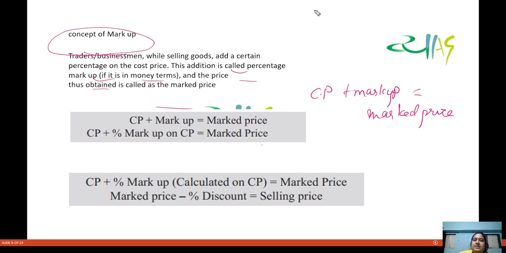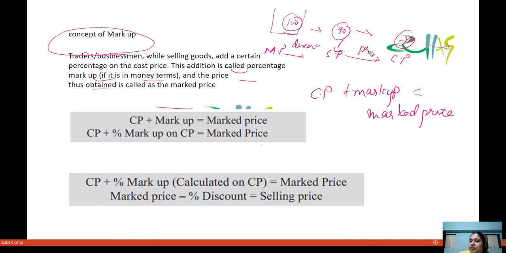So actually what happens is, suppose you are buying a packet of oats and it is marked 100. The shopkeeper is selling to you at 90. So this is the selling price, and the actual cost to the shopkeeper might be 70. So this is the cost price to the shopkeeper. So there is marked price, then there is discount, then there is selling price, and then there is profit here.